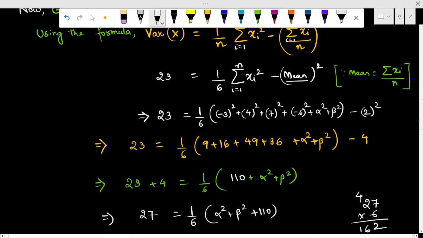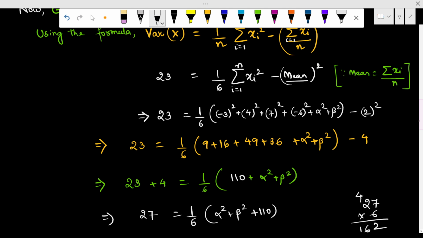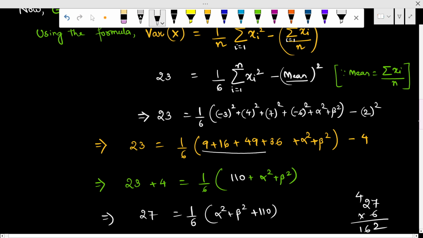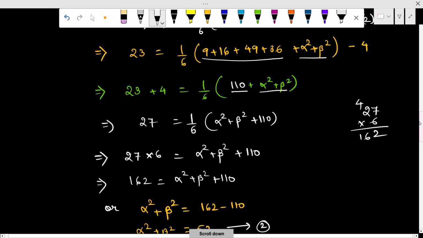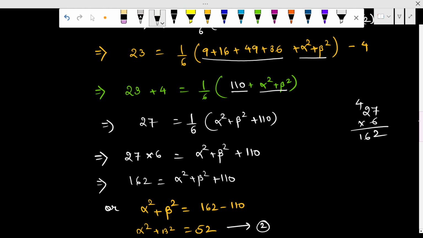Next, 23 equals, we solve this whole thing, minus 4. We find out the sum of this is 110 plus alpha square plus beta square, and this minus 4, when it goes to the LHS, becomes plus 4. Next, we have 27 equals 1 by 6 (alpha square plus beta square plus 110).